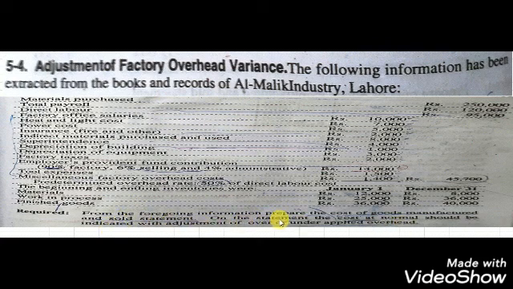On the statement, the cost of normal should be indicated with adjustment of overapplied overhead. Now students, let's start. Firstly, we have to find out the amount of the total actual factory overhead.